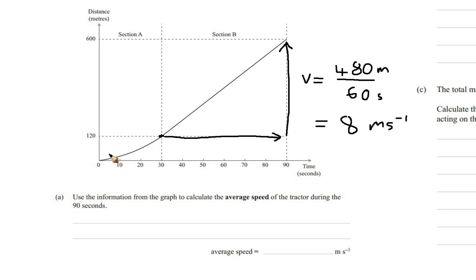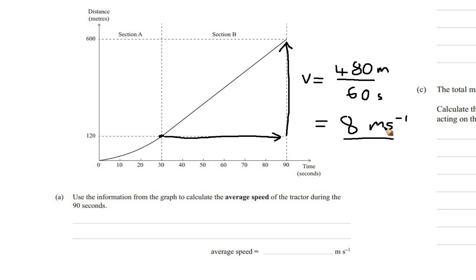So during section A, if this is completely flat at the beginning, it probably started off at 0 meters per second and accelerated, got faster until it reached the slope during section B. So the final speed reached at the end of section A is 8 meters per second. It's actually the slope of section B. Alright, so a little bit tricky there because lots of students would have taken the rise over the run of section A, and it's just tricky in terms of the wording.